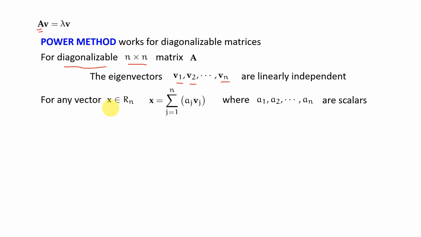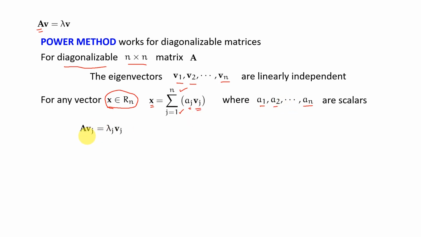Therefore, any n-dimensional vector x can be uniquely described as a linear combination of these eigenvectors v's. So x is essentially a sum of aj vj, where j goes from 1 to n and a1, a2 all the way up to an are scalars and unique for this x.